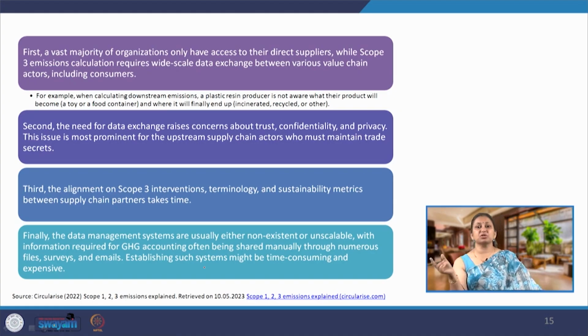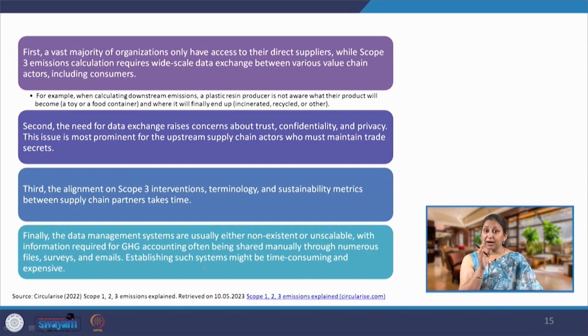Their emissions might not be known to me, and a lot of times the smaller vendors, the smaller manufacturing facilities, may not have the necessary expertise and the funding for recording and measuring the emissions, for making a proper measurement and verification to follow a protocol like that.